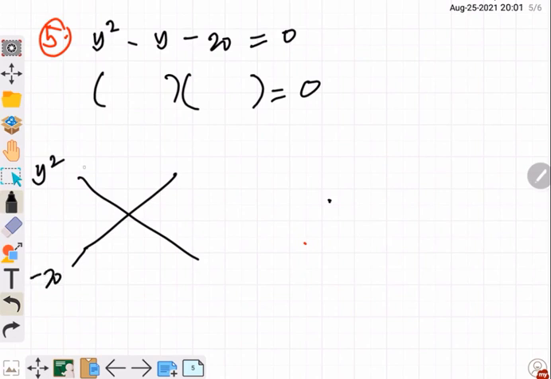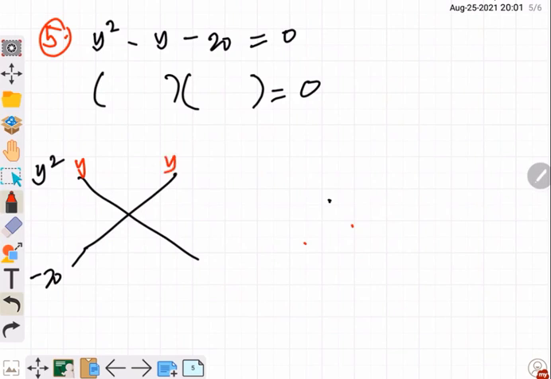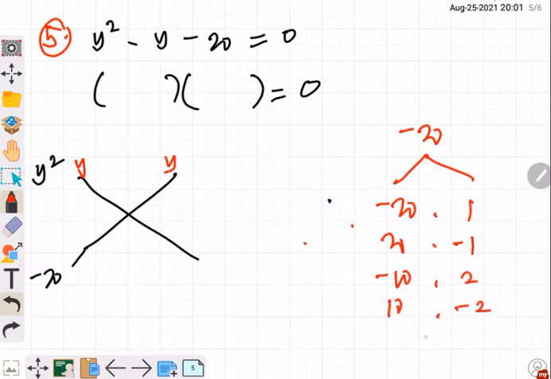If we factor y squared, that is simply y times y, and for negative 20 there are quite a lot. Negative 20 is negative 20 times 1, 20 times negative 1, negative 10 times 2, 10 times negative 2, 4 times negative 5, negative 4 times positive 5.